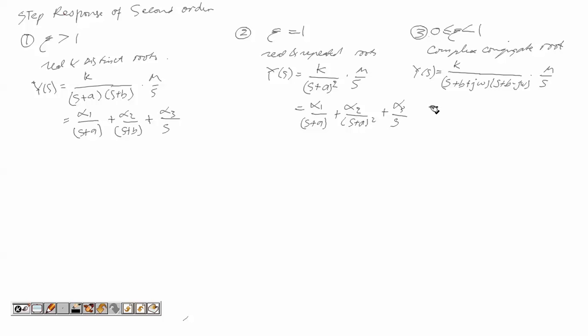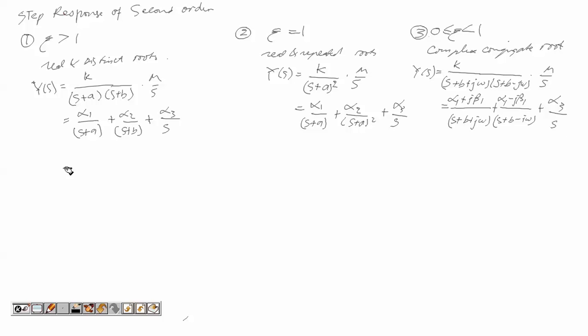Okay. And the third class, convert this equation to become (alpha 1 plus j beta 1) over (s plus p plus j omega) plus (alpha 1 minus j beta 1) over (s plus p minus j omega) plus alpha 3 over s.